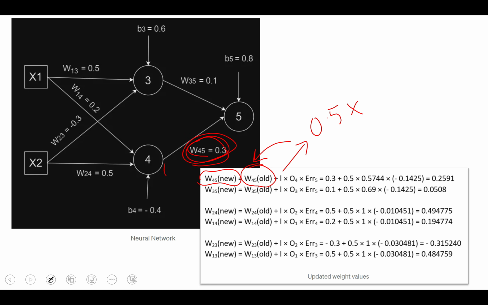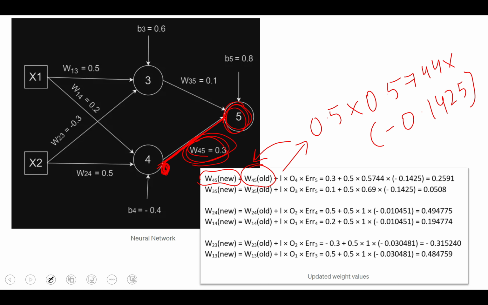Then we need to write the output at this node, because we are updating this particular weight. The output was evaluated as 0.5744, multiplied by the error at this node, which is minus 0.1425, and then we will simply evaluate this.